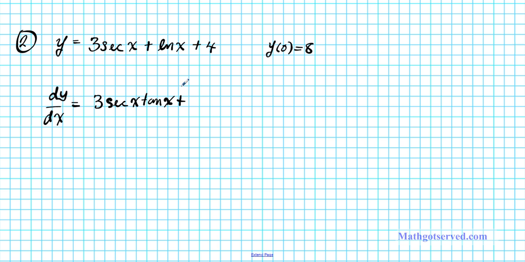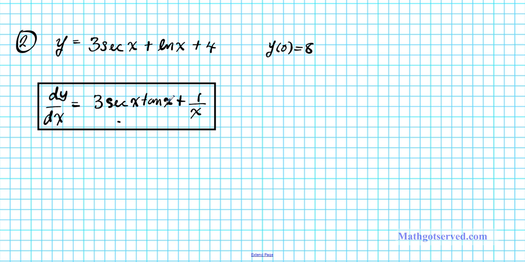So derivative of ln x is 1 over x. And then using the constant rule, the derivative of 4 is 0. Okay? So this right here is our differential equation. Okay, so let's go ahead and box it. This is a differential equation. Now let's verify that this equation is in fact the particular solution to this differential equation that we have right here. Alright, so let's go ahead and verify this. Verification.